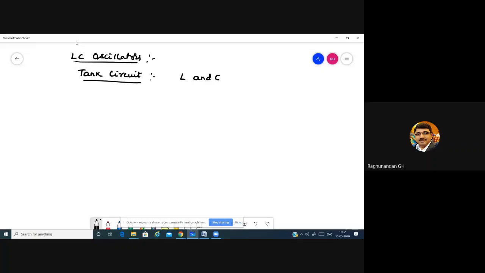Even when we rig up the RC phase shift oscillator circuit in the lab, we can observe the challenges faced. If the R and C values are not matching, then obviously the drawbacks I told, we'll be able to see on the CRO.